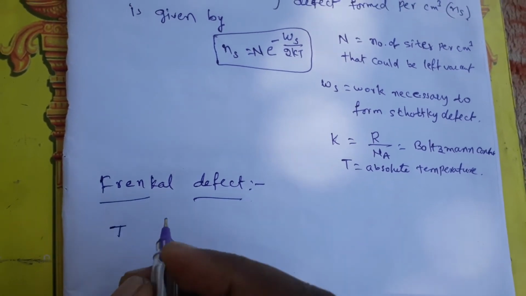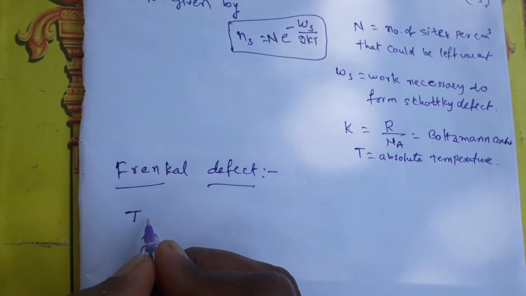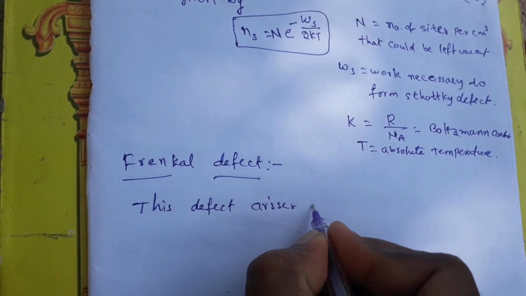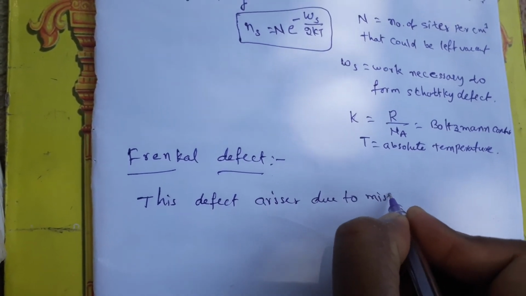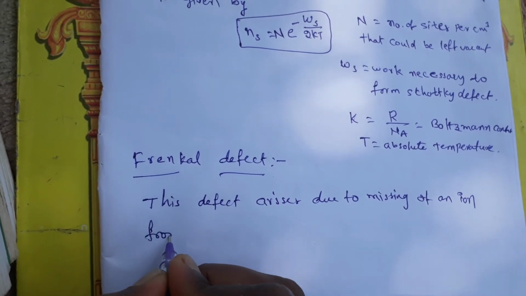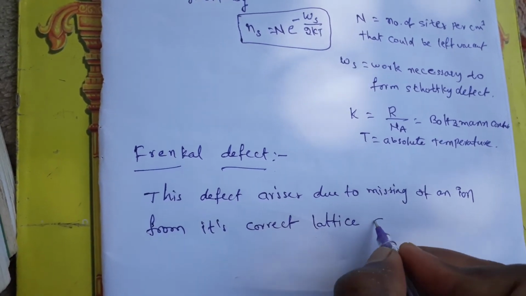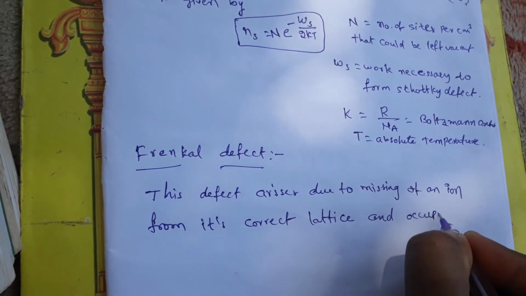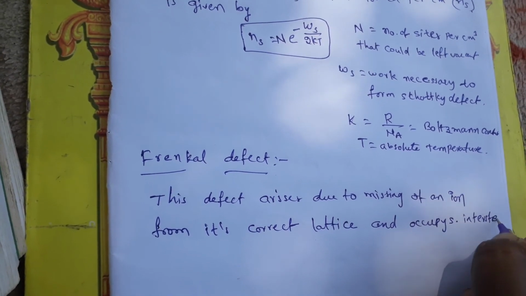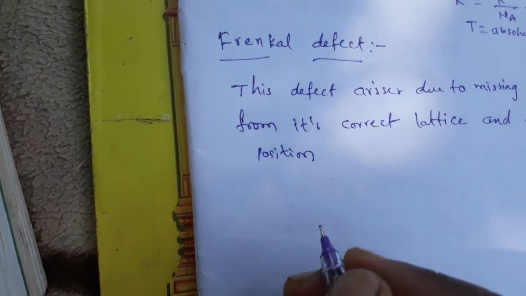This defect arises due to missing of an ion from its correct lattice site, which then occupies an interstitial or vacant position.